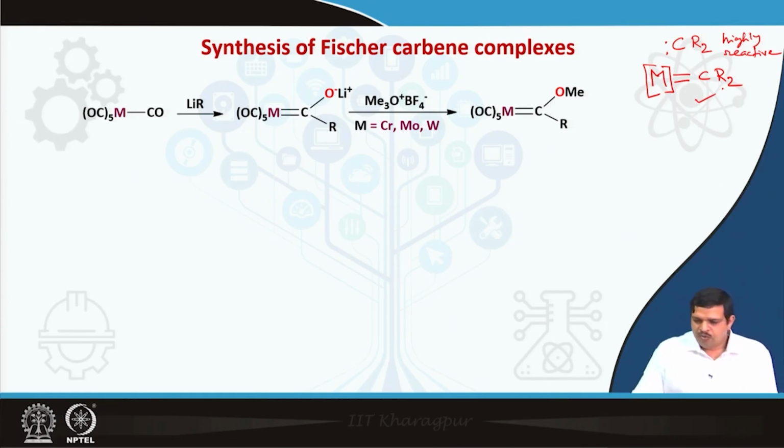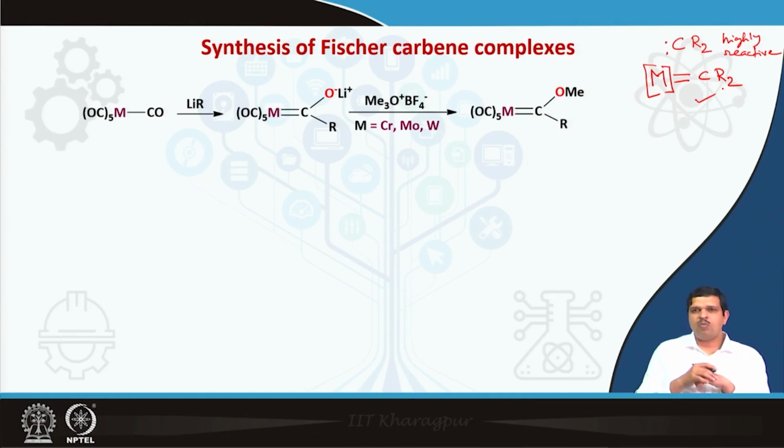And we now know the difference between the Fischer and Schrock carbenes. Fischer carbenes generally form with low oxidation state, medial or late transition metals. And the Schrock carbenes are generally early transition metals with high oxidation state, and there are formally two covalent bonds in Schrock carbenes. In Fischer carbenes it is basically one covalent bond and one through pi back donation.